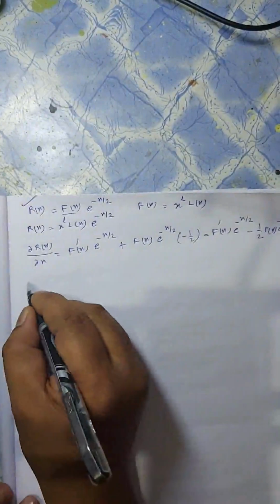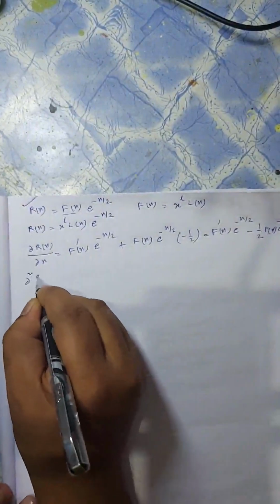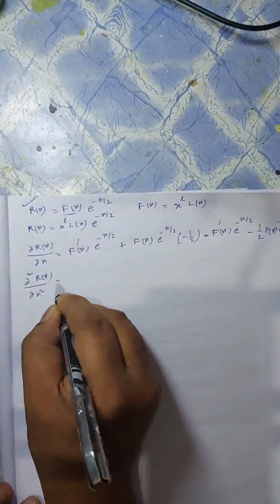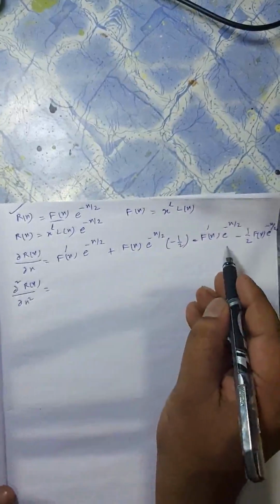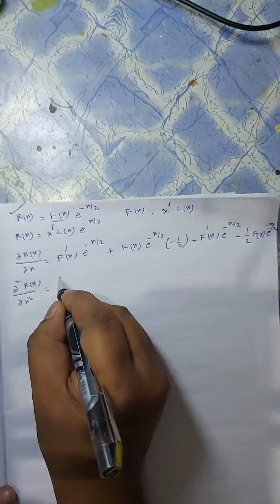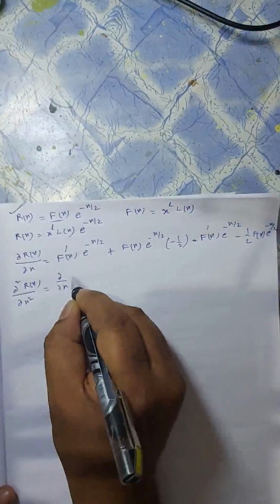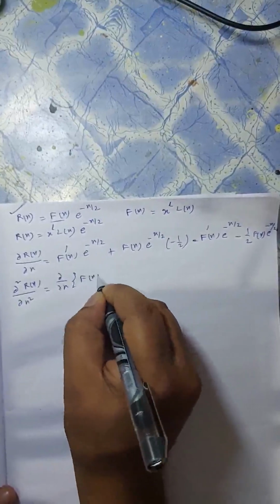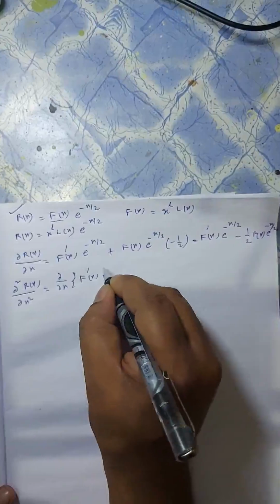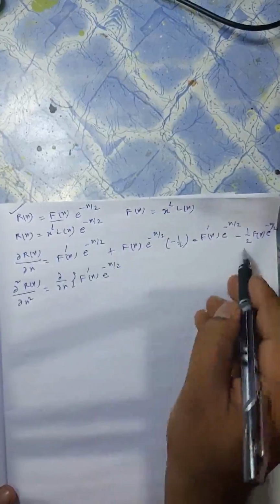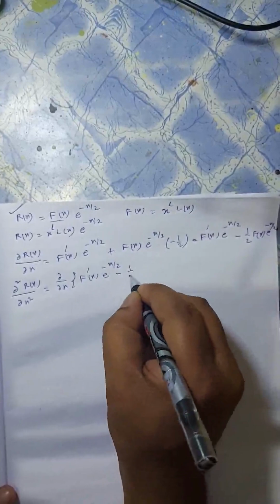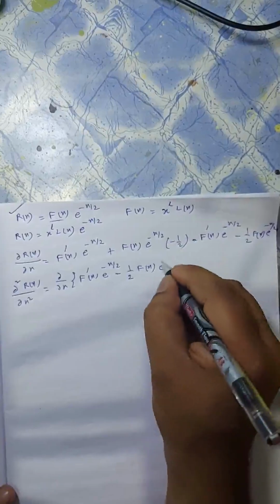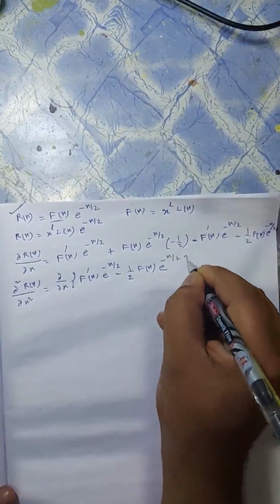Then we have to take the second derivative, del square R(x) by del x square. What do we take? Now the derivative of this equation, del by del x of f dash x e to the power minus x by 2 minus 1 by 2 of f(x) e to the power minus x by 2.